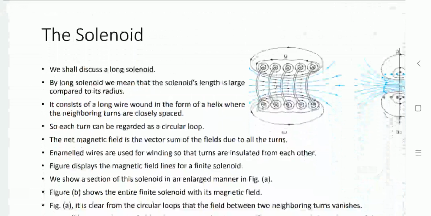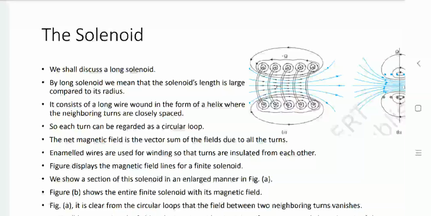We are using a long portion of the solenoid. It means that the solenoid's length is larger compared to its radius. We are taking a long wire wound in the form of a helix, where the number of turns are very closely spaced. Each turn can be regarded as a circular loop.